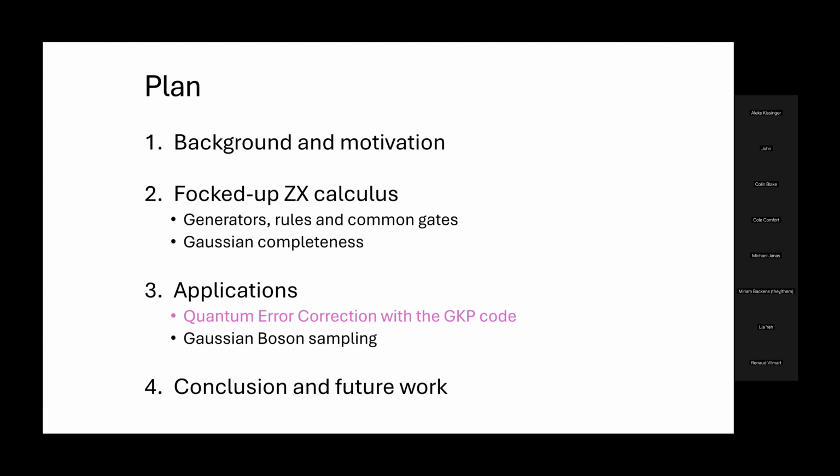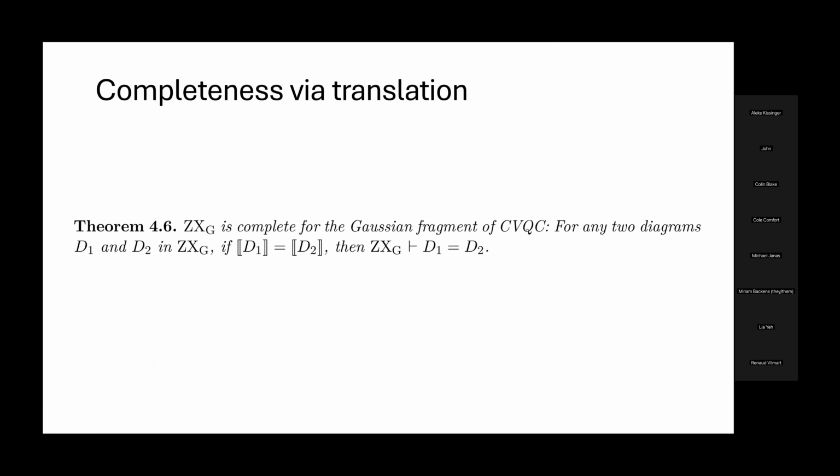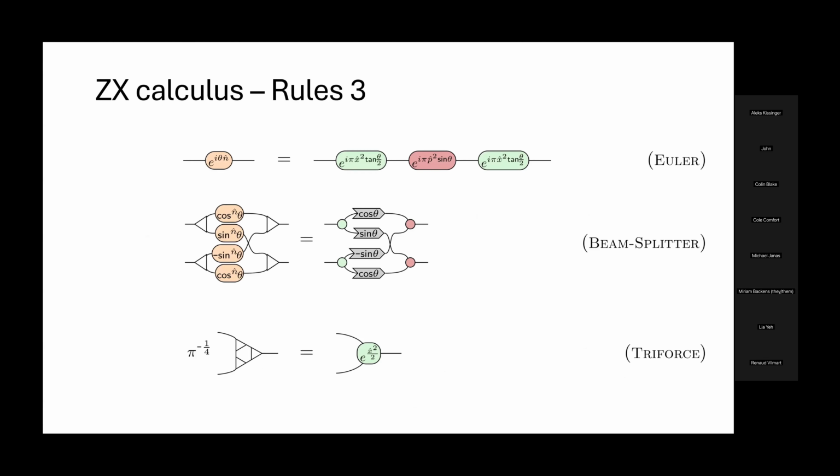Maybe this is something for the end of the talk, but the Triforce rule, is this something you discovered you needed when you did this completeness translation, or is it here for some other reason? No, it's not something required for completeness. I'm not sure where we needed it, but it is useful in many places.